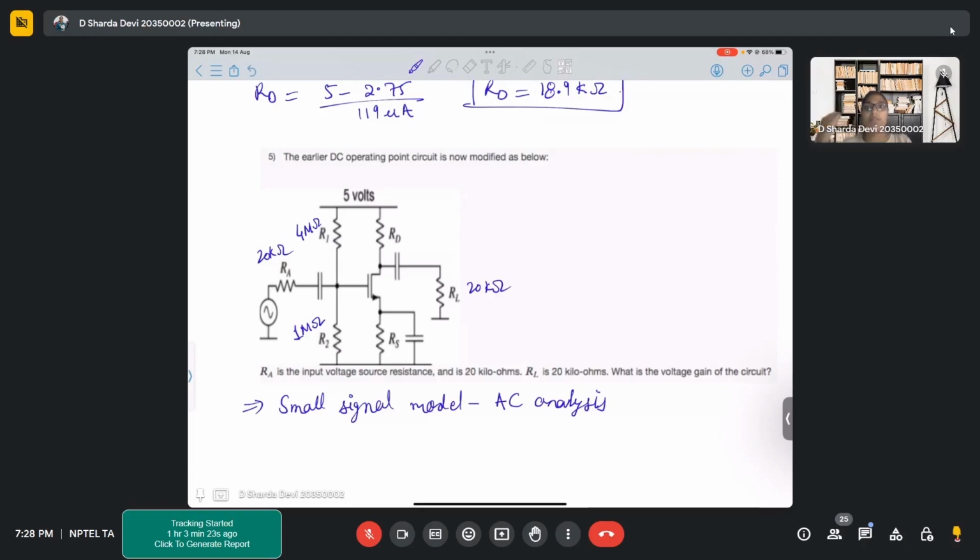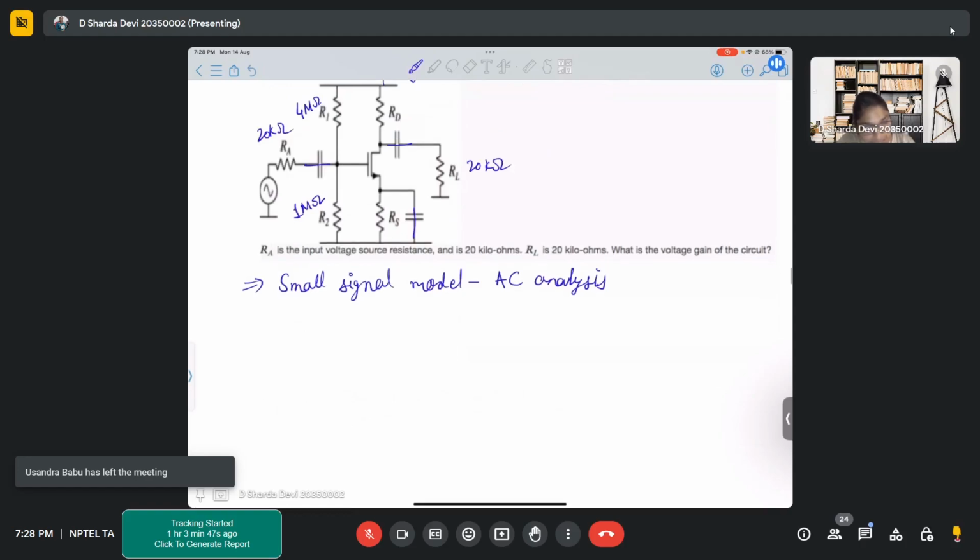All DC components short circuit. So let me put this to AC ground. What else? Capacitors short circuit. Yes, capacitors short circuit.